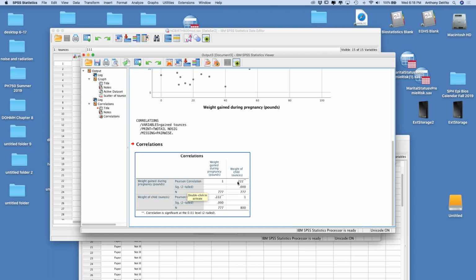So even though it's only a small correlation, I can still say that it's statistically significant. I'm 95% sure it's a real correlation, that it's not equal to 0. It might be equal to 0.22, but it's not equal to 0. So it's a weak association, but it's a real, statistically significant association.